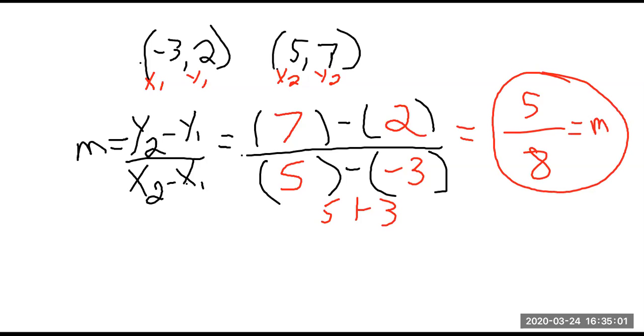All right. Let's do some more examples. Let's say my 2 points are 7, -4, -8, -9.